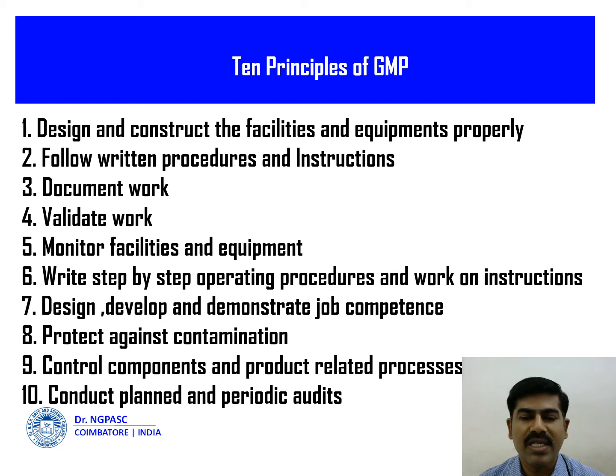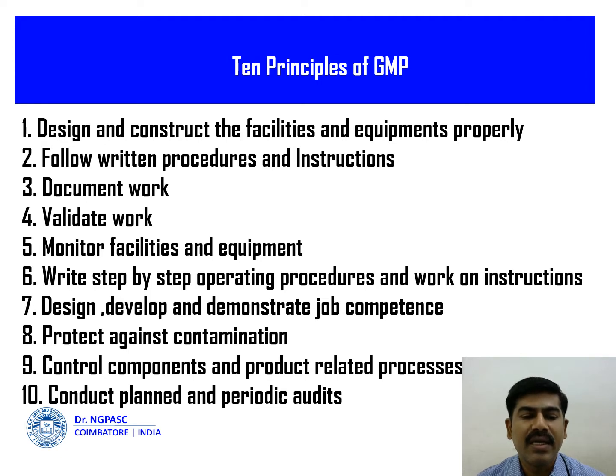It is called SOP, Standard Operating Procedures. Then document work. Whatever analysis has been done during the manufacturing process has to be documented properly. Then validate work. The process and analysis are performed in validated equipment only, and the procedures have been validated properly.